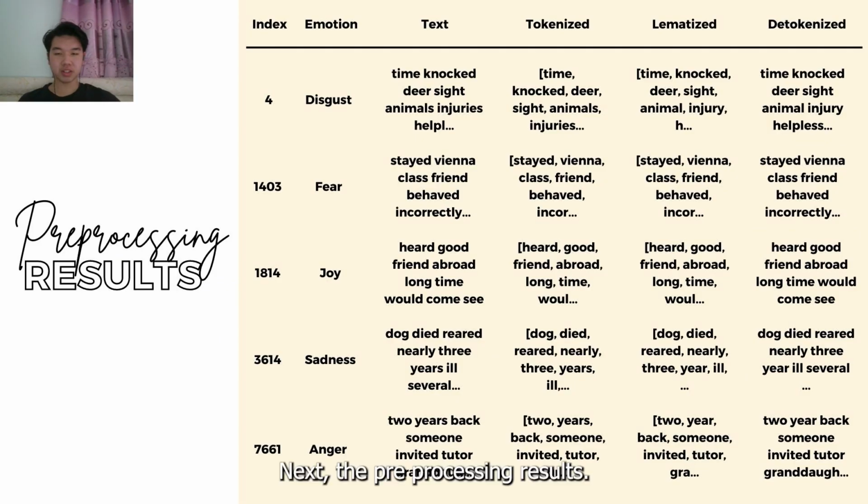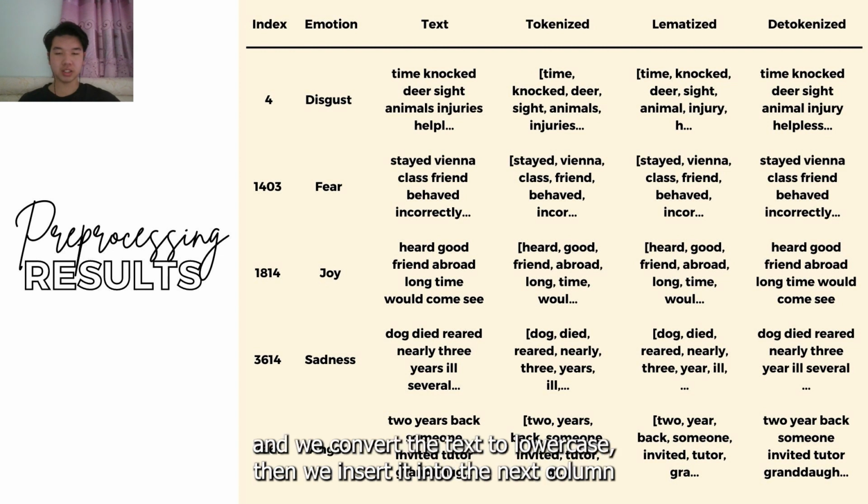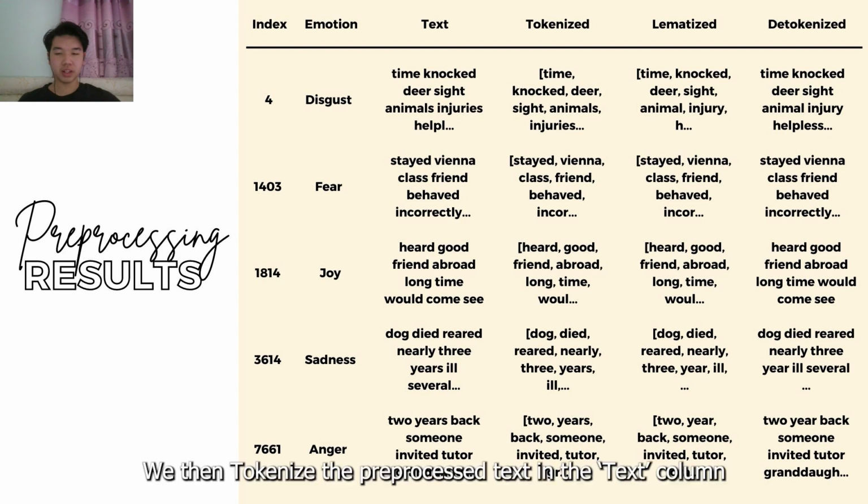Next, the preprocessing results. Before we use the dataset to train the models, we must first clean the data through a process called data preprocessing. The steps are, first we remove the numbers, punctuation, and stop words, and we convert the text to lowercase. Then we insert it into the next column. We then tokenize the preprocessed text in the text column to split the text into individual words or tokens.